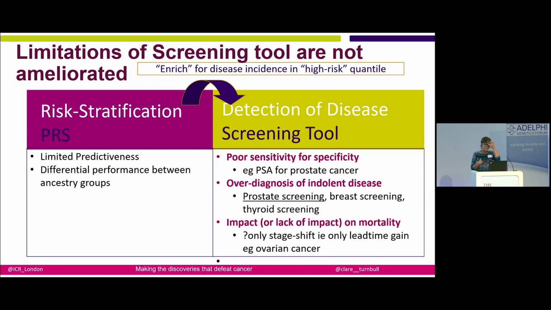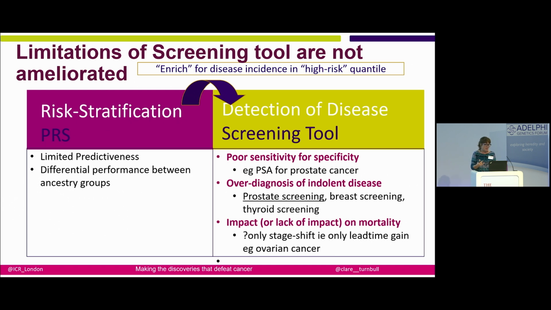In particular for prostate screening, even among your positives, a high proportion are overdiagnoses. They're labelled prostate cancer, they're indolent disease, they never would have caused that man harm in his lifetime. And that is true to a lesser extent for breast screening, but is still true for thyroid screening and a number of other conditions. Your PRS doesn't solve that.